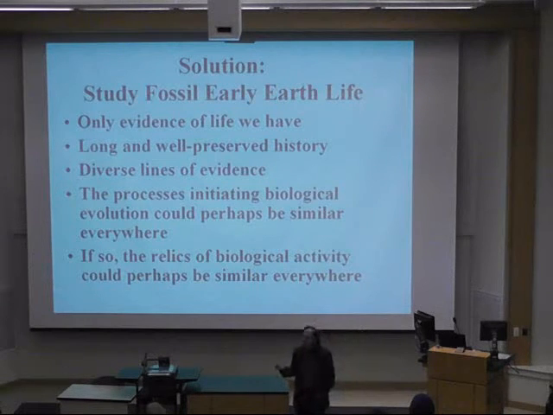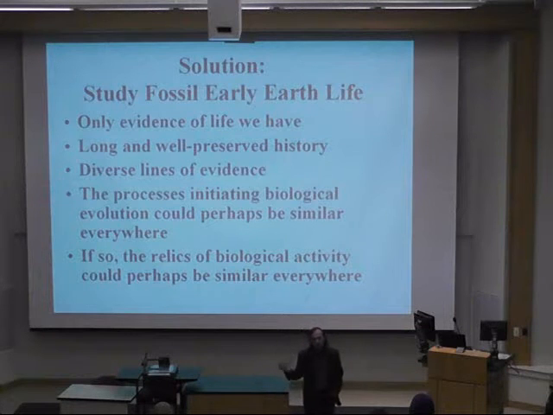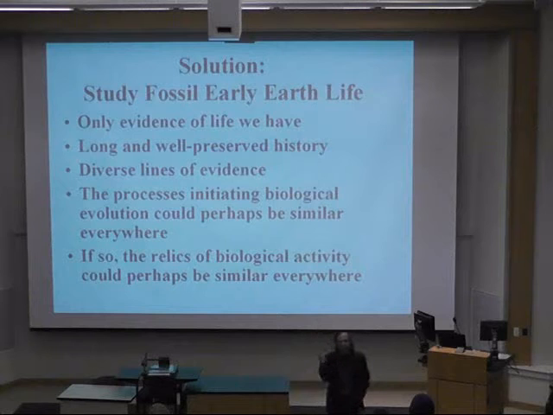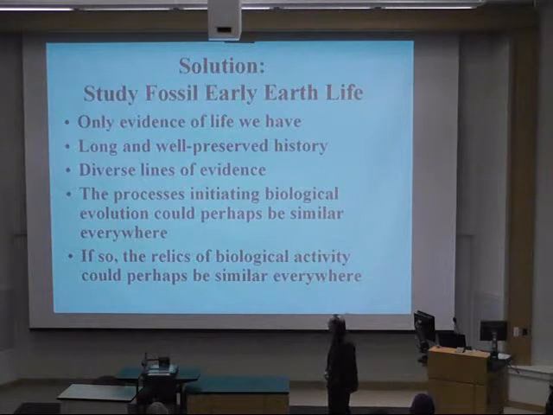And so by looking at relics of life from 3 and 4 billion years ago on Earth, we may have some comparative evidence for how fast evolution can go and what sort of life forms might evolve very early in the history of a planet.